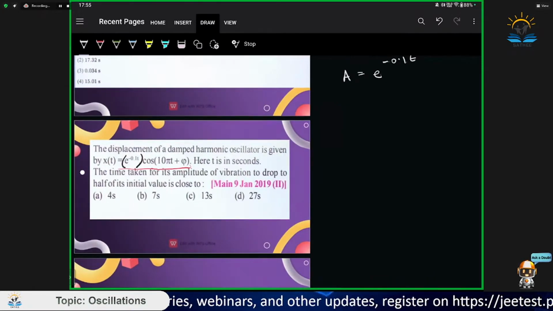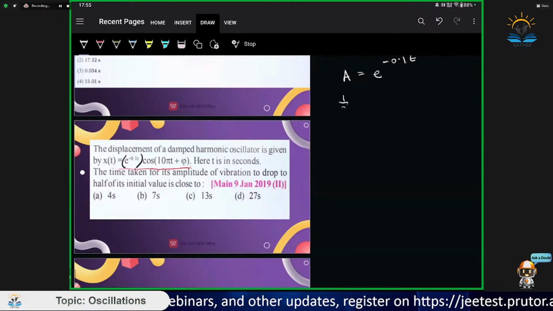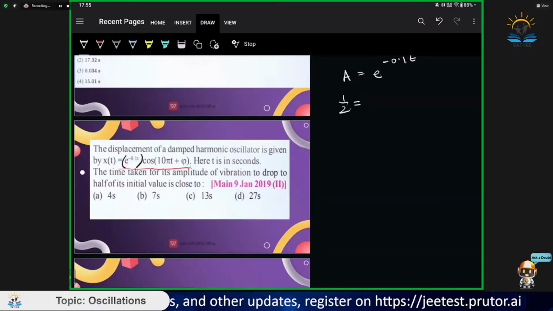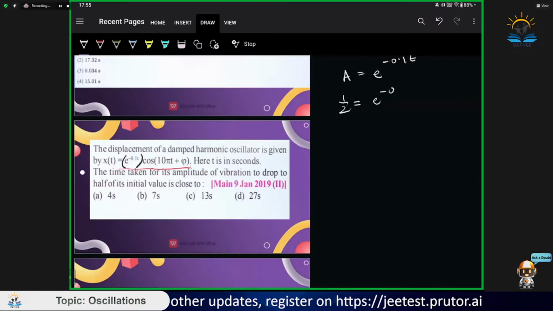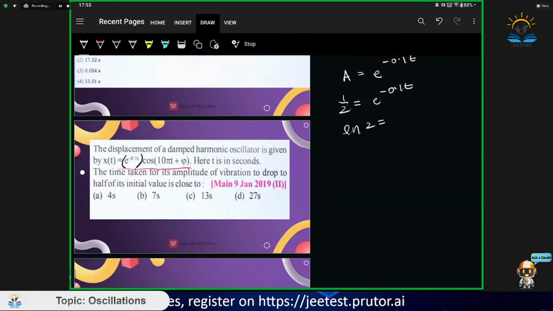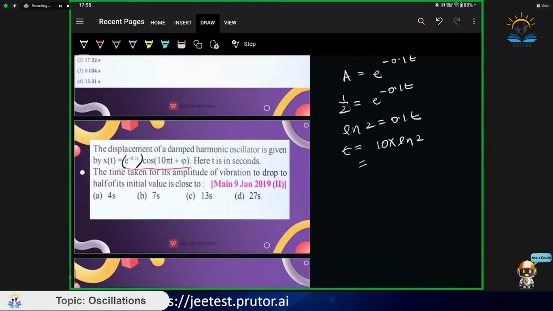It's given that it is half of the initial, so 1 by 2 will be e raised to minus 0.1 t. So ln 2 will be 0.1 t, so t will be 10 into ln 2. ln 2 is 0.7, so that is 7 seconds. So option B will be the correct answer, 7 seconds.